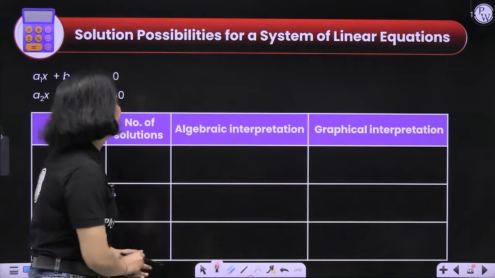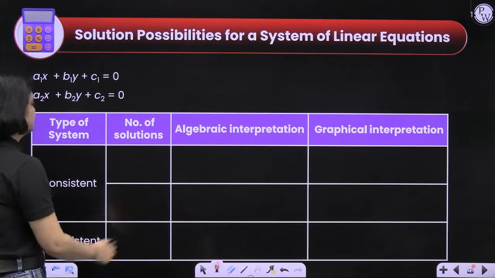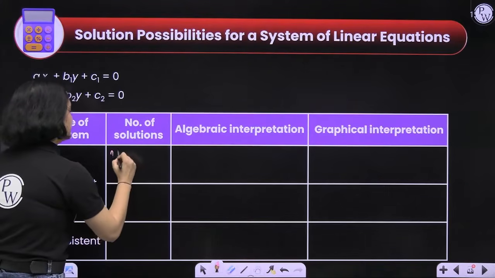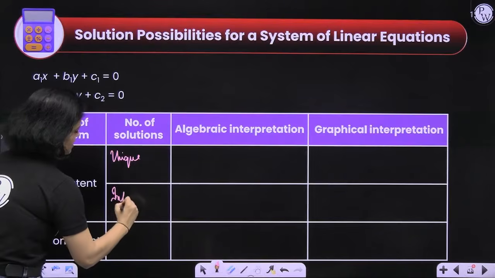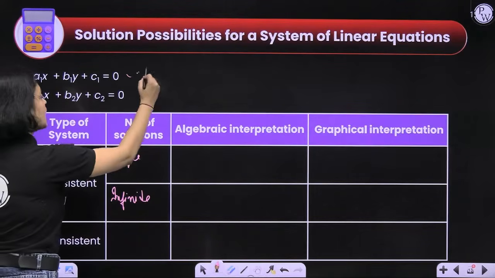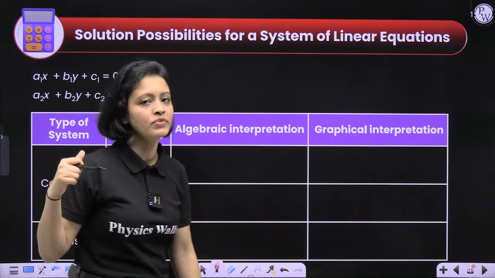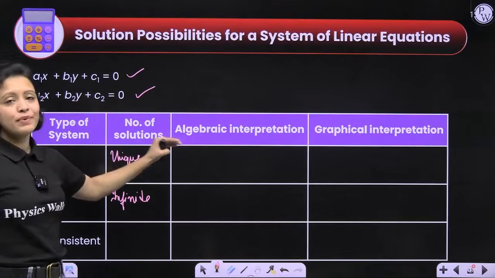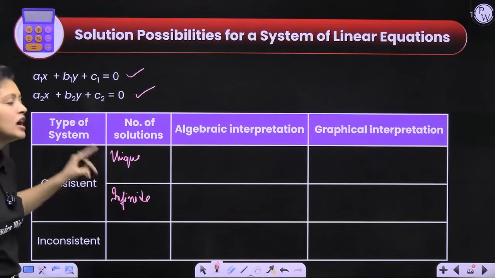Let's see. First, let's discuss the two cases of a consistent system. We know that either you have a unique solution or infinite solutions under a consistent system, right? Now, these are the two linear equations in standard form. Algebraically, how can we tell whether the system has a unique solution? It's very easy.